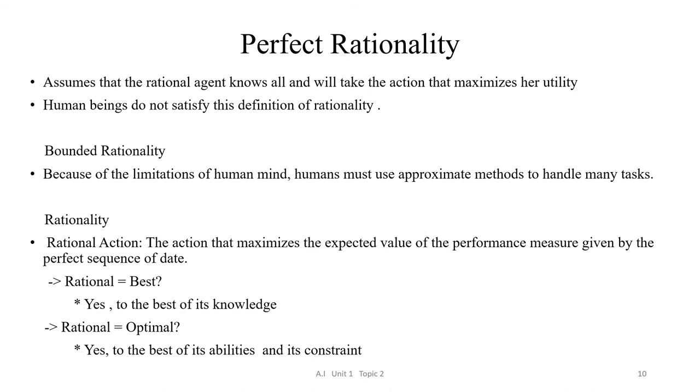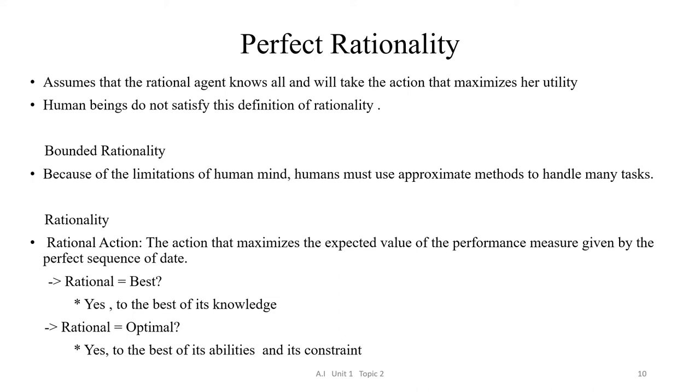How to get perfect rationality for an agent? It assumes that a rational agent knows all and will take up the action that maximizes her or his utility. Human beings do not satisfy this definition of rationality. Let us discuss what bounded rationality is.